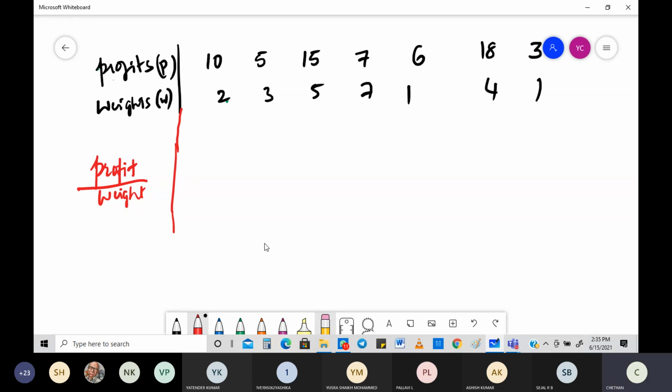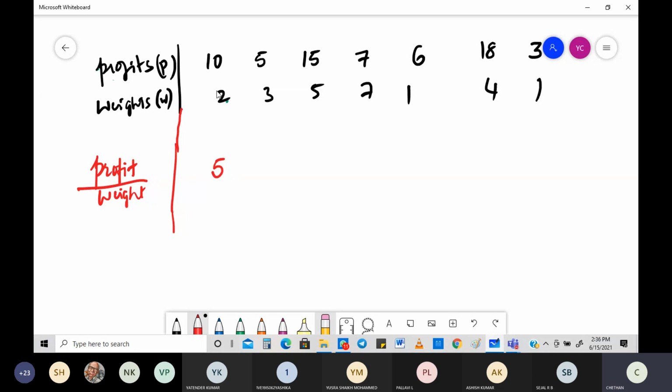Profit by weight means what is the profit I'm supposed to get. See, for each kg of object 1, I'm going to get 5. Correct? 5 profit. See, 2 kg is 10 profit. I'm taking kgs for your understanding.